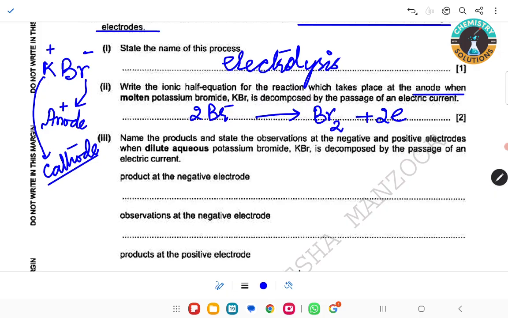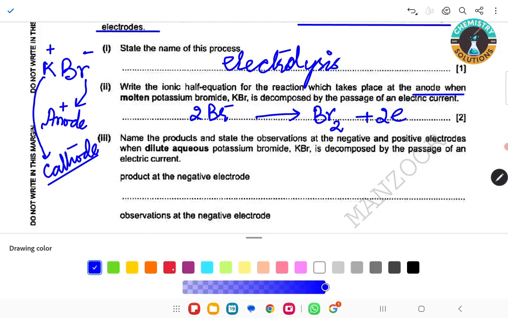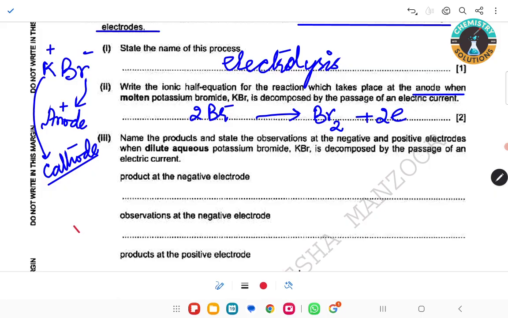Now, name the products and state the observation at the negative and positive electrodes when dilute aqueous potassium bromide is decomposed. This is a very important question. If you understand this question, you will understand the rest of the questions related to aqueous or dilute substances.